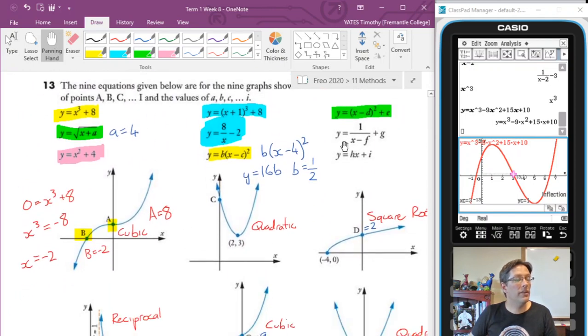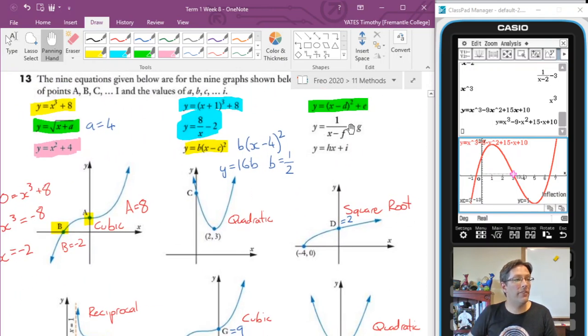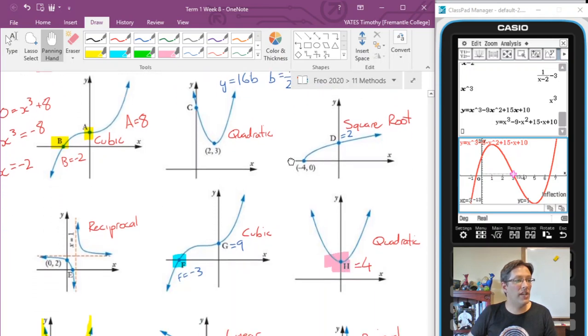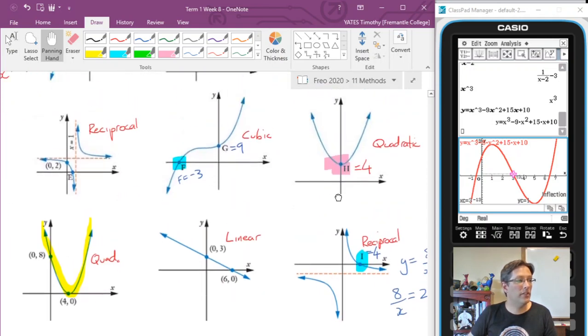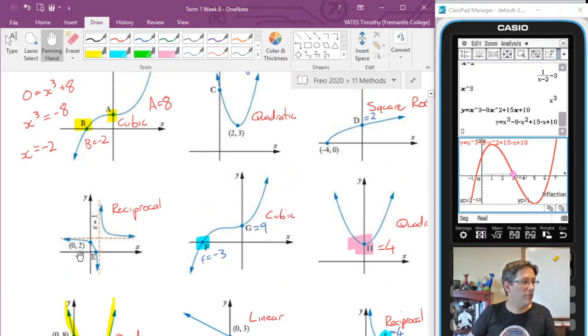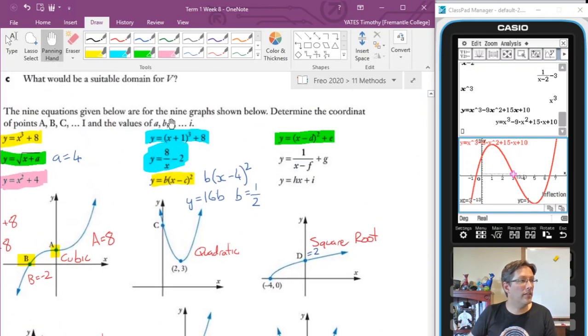Almost done. This one has been shifted to the right by f and up or down by g. Let's have a look at it. There it is. It's been shifted to the right by 1 and up by, it looks like, 3. So if it's been shifted up by 3, then g is going to be equal to 3 and f is equal to 1.